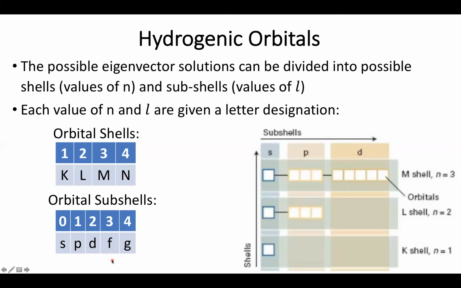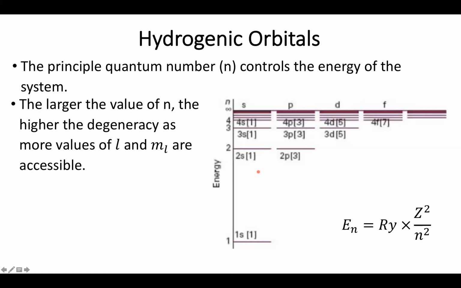Now, when we start pairing together our shells, our subshells, and the individual orbitals, one of the biggest things we find is that as I go higher and higher in energy and my n increases, we're going to see greater and greater degeneracies, as I have more possible L and M sub L values. For example, I have a single degeneracy of the 1s orbital.